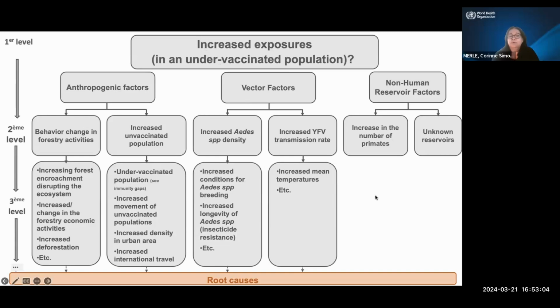So I agree with you. You cannot really act on the factor, but because you know that this factor is there, you can perhaps put in place some preventive measures. So we need to decide what exactly we would like.